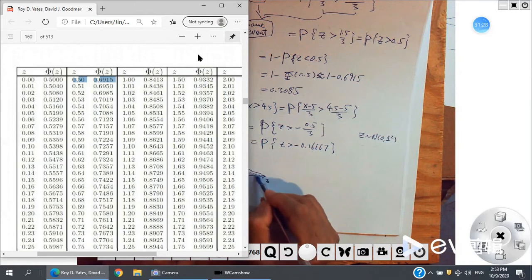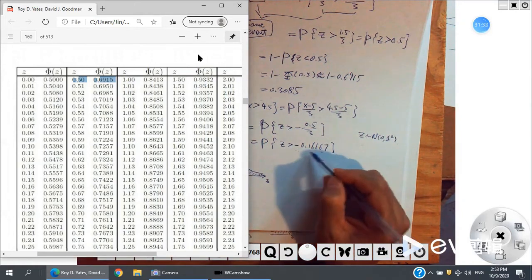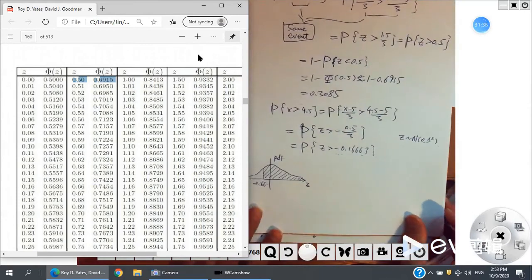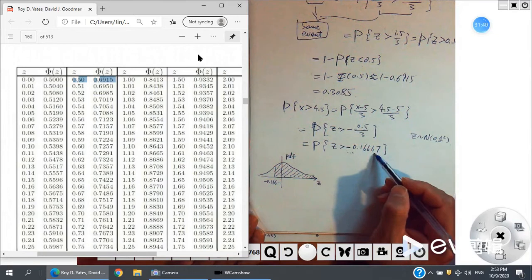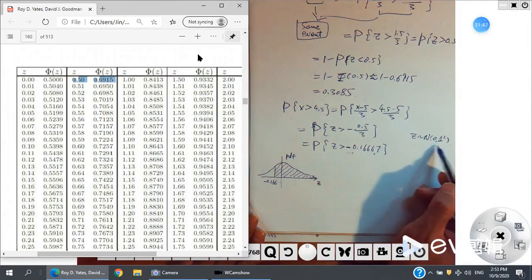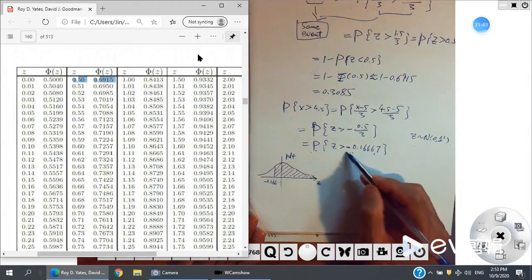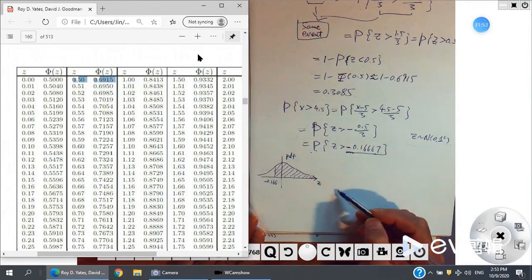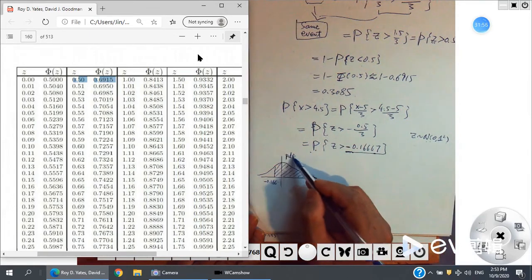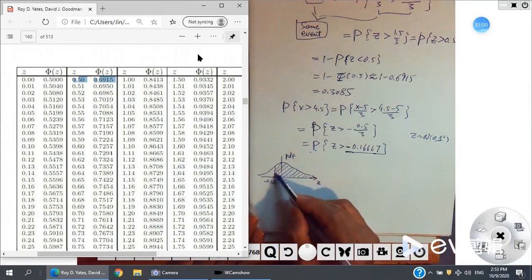Okay, so actually we always do that. When you have a negative value here for a standard normal random variable and you want to calculate the probability, you give a graph first. Graph of the PDF, and what is this value? You put it here. Then what is the area?